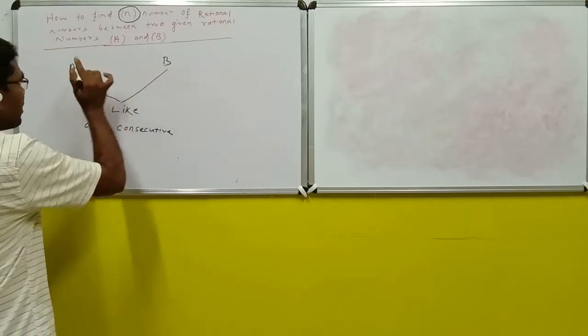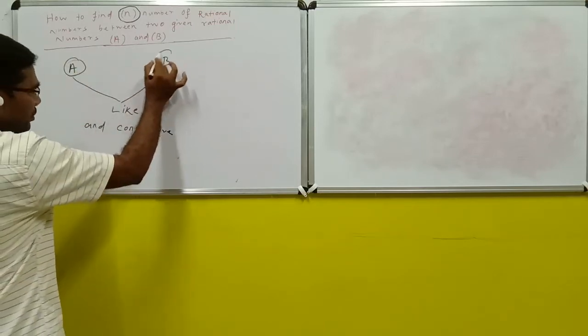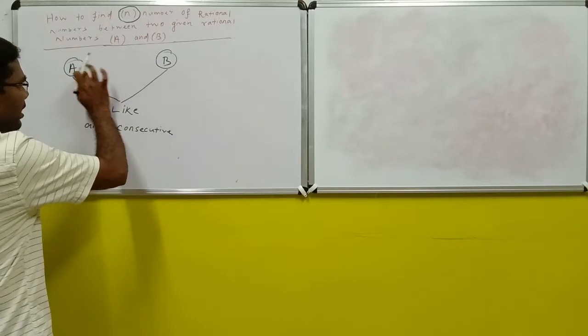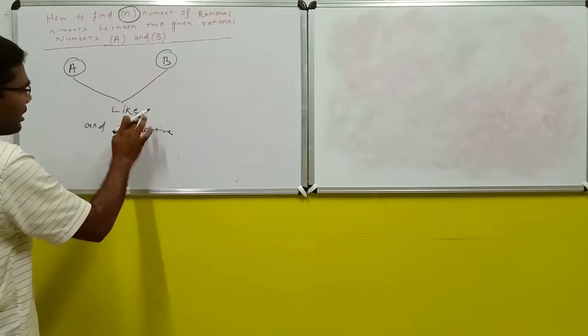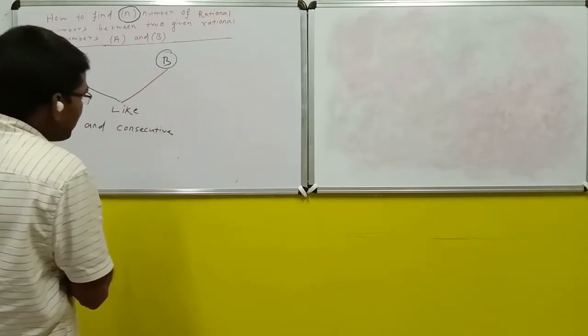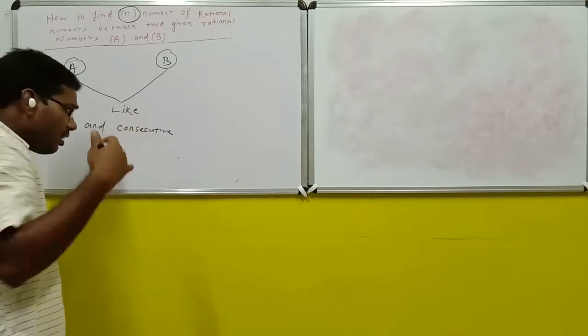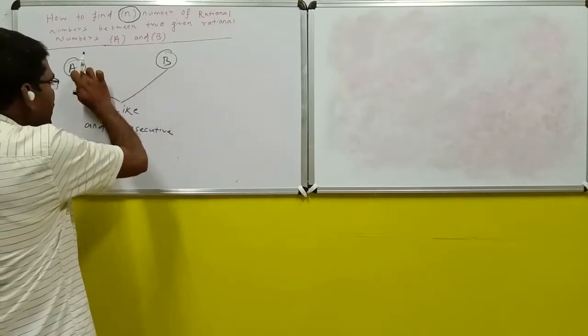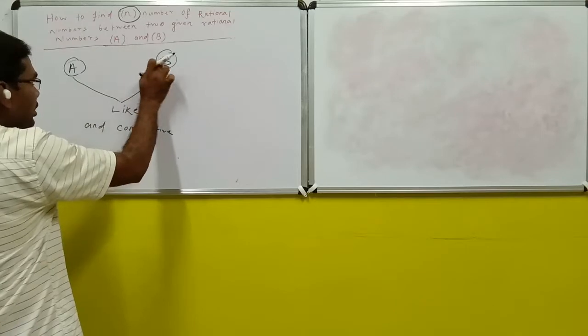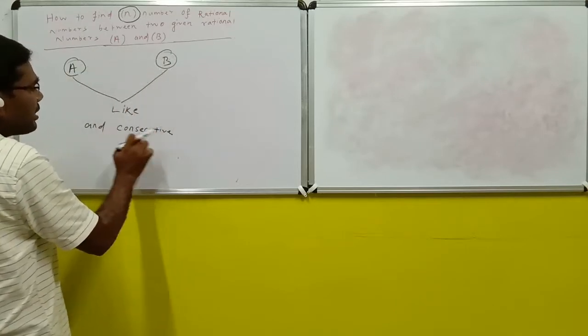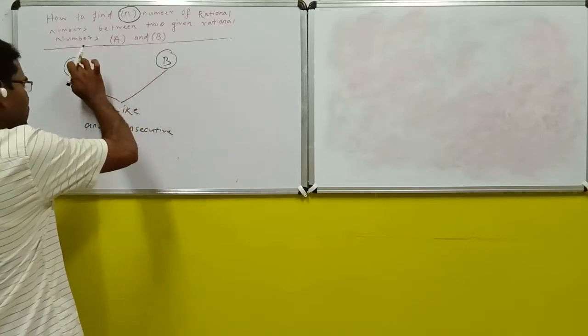Like means they have the same denominator, and consecutive means one will be the next of the other.